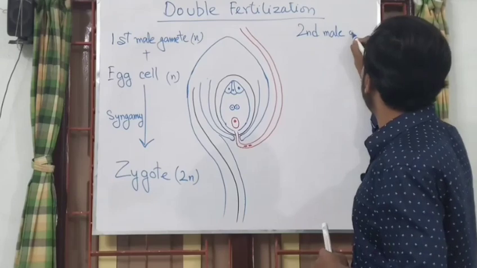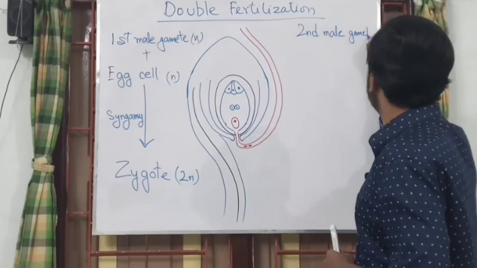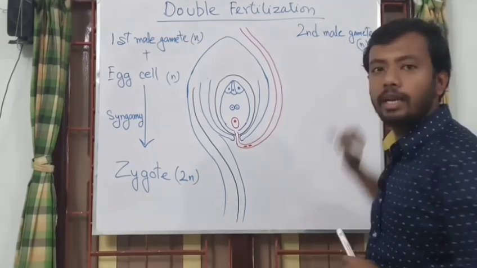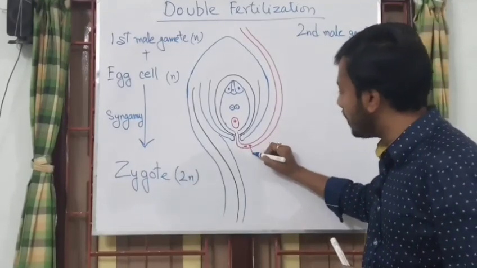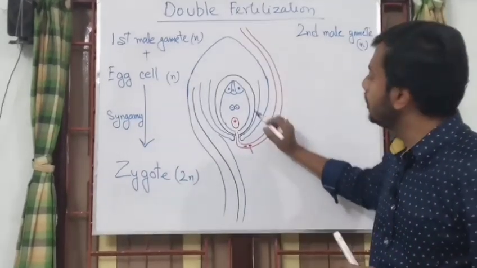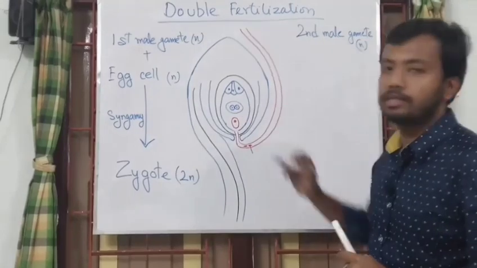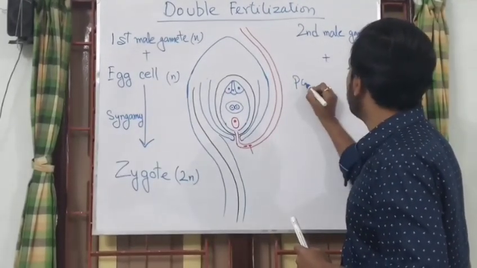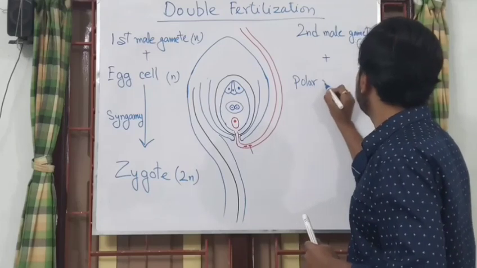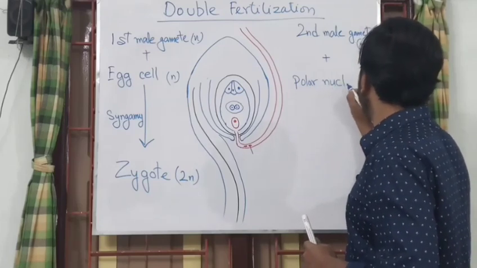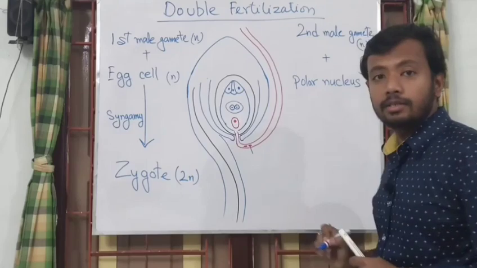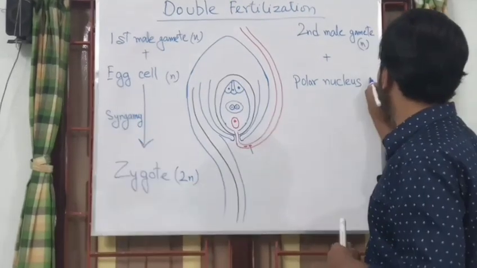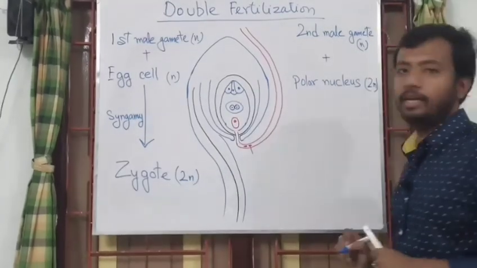The second male gamete is also haploid in nature. It will encounter the polar nucleus and get united with the polar nucleus or secondary nucleus, which is diploid in nature.